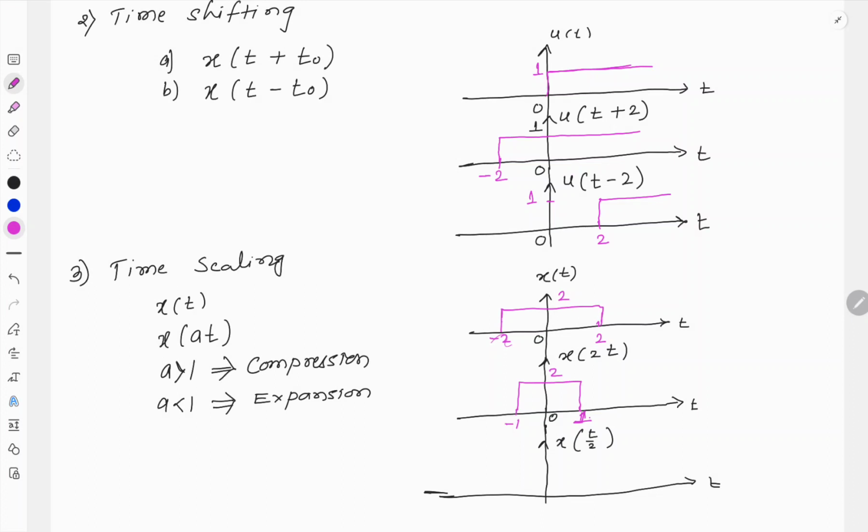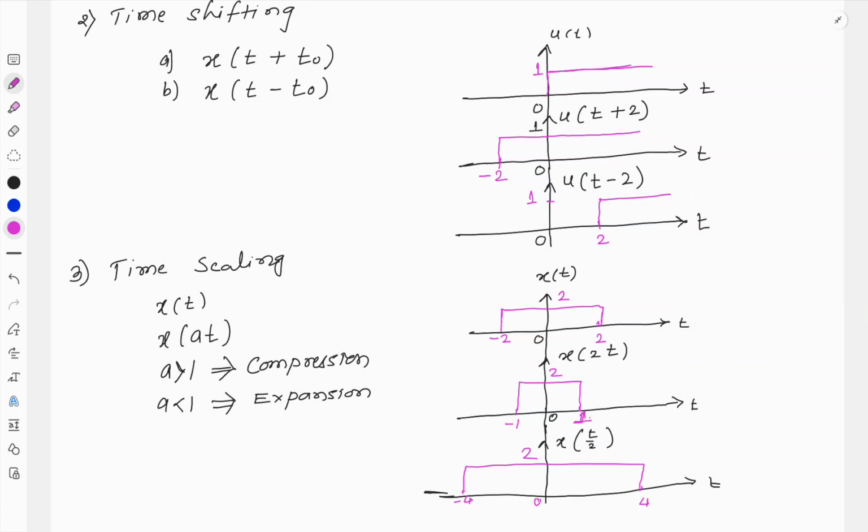So -2 becomes -4 and +2 becomes +4, and the signal will be drawn between these two coordinates with the same amplitude 2. So in this operation the width of the signal is increasing, hence this operation is called expansion. So remember here, whenever we are doing operations on time variables, the amplitude of the signal doesn't change.